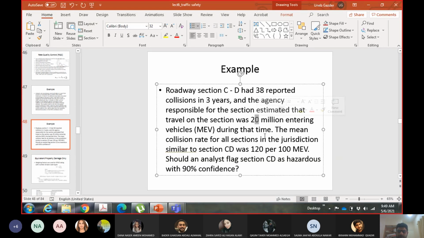Mean collision rate for all sections is 120 per 100 million entering vehicles, for all the other similar sections. Should this section be taken as a hazardous section with 90% confidence?